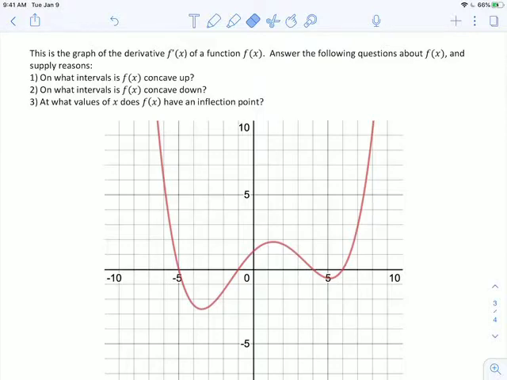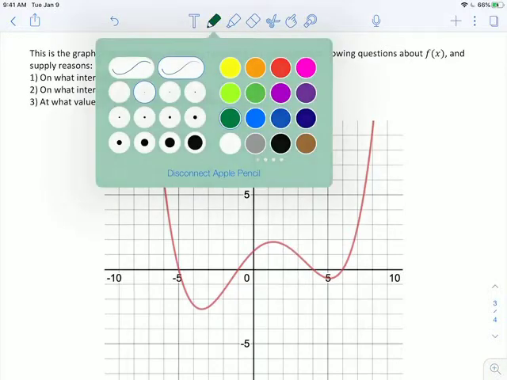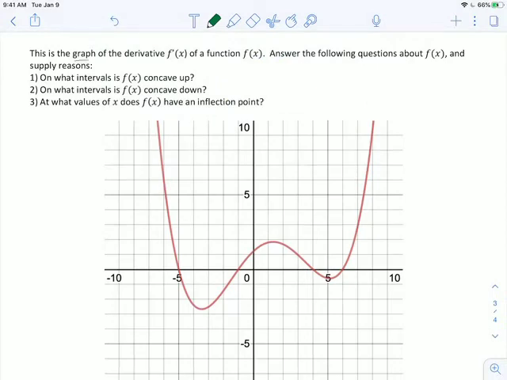So this graph problem is the same graph that we looked at in an example from section 4.3, but this time we're going to be asking different questions about it. We want to keep in mind that once again, we are being told something about the graph of the derivative, and we're being asked questions about the function that we're not looking at.